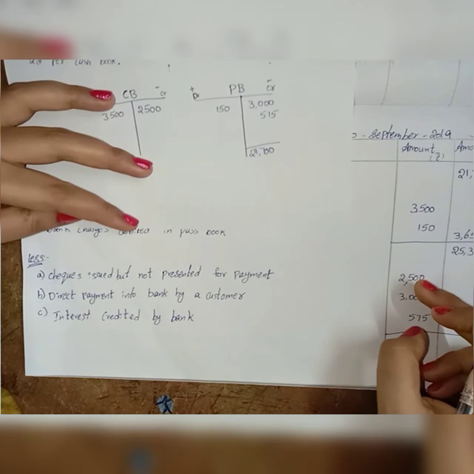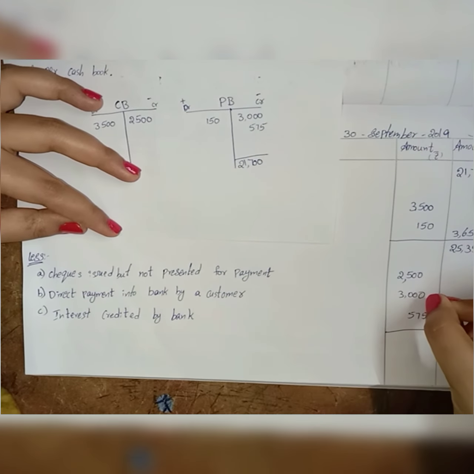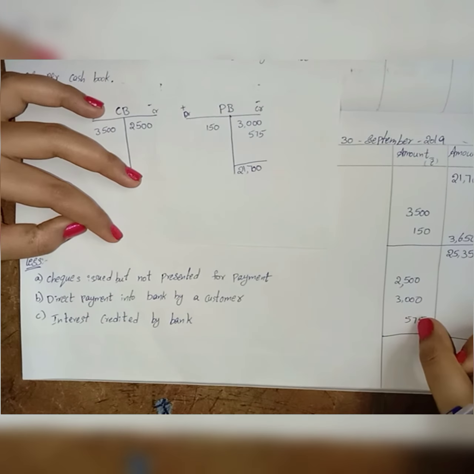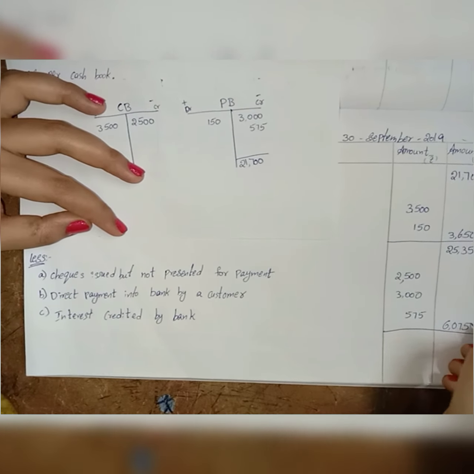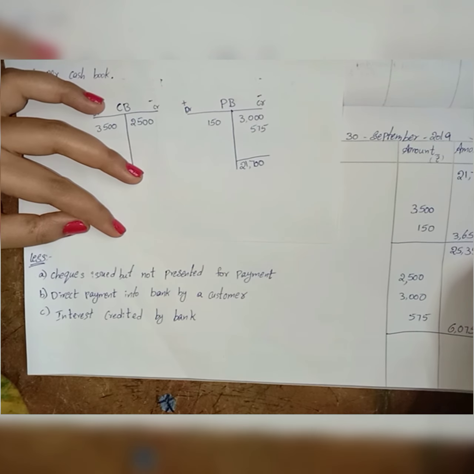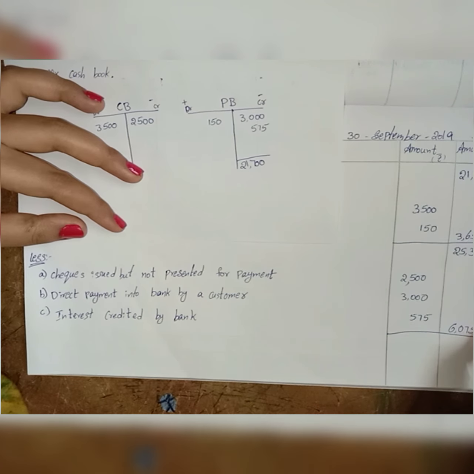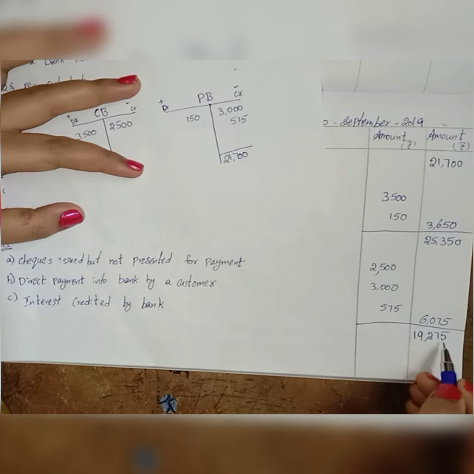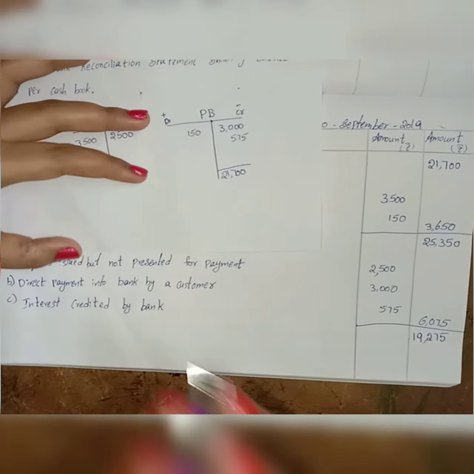And the total of minus symbols is 2500 plus 3000 plus 575, 6075. And now 25,350 minus 6075, 19,275. This is the bank balance as per cash book.